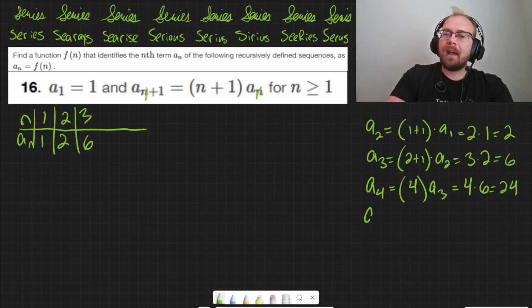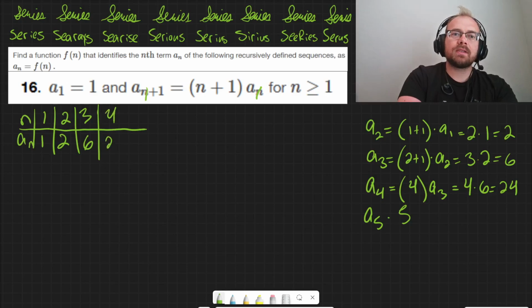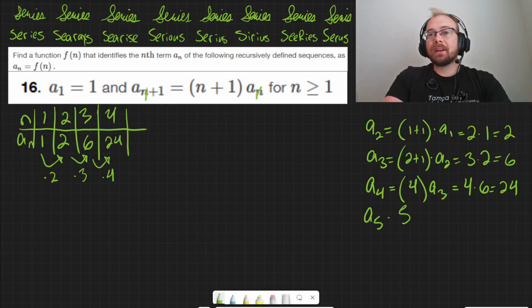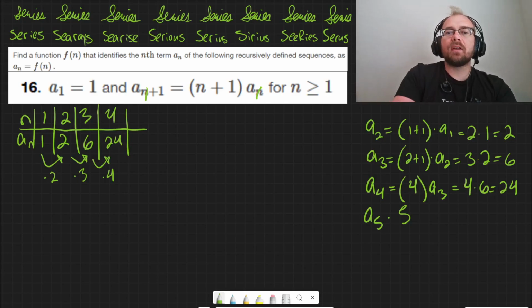So the pattern is that I'm going to times by a bigger number each time with my previous term. The next one is 24. So the pattern is I times by 2, then by 3, then by 4. And actually there's an operation that does this, and it's called a factorial.